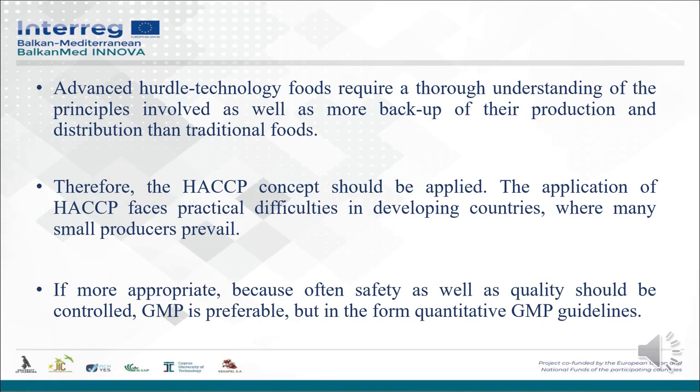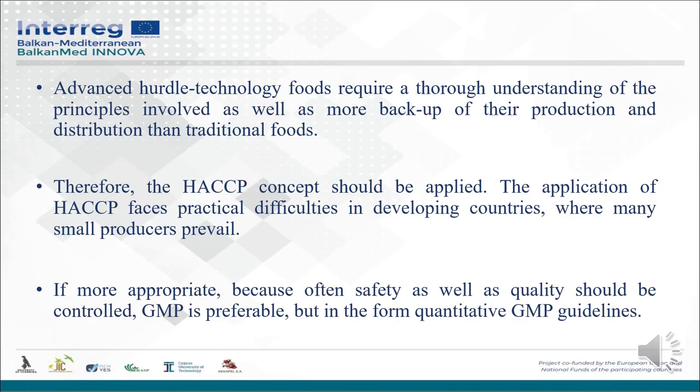Advanced hurdle technology foods require a thorough understanding of principles involved as well as more backup of their production and distribution than traditional food. Therefore, the HACCP concept should be applied.